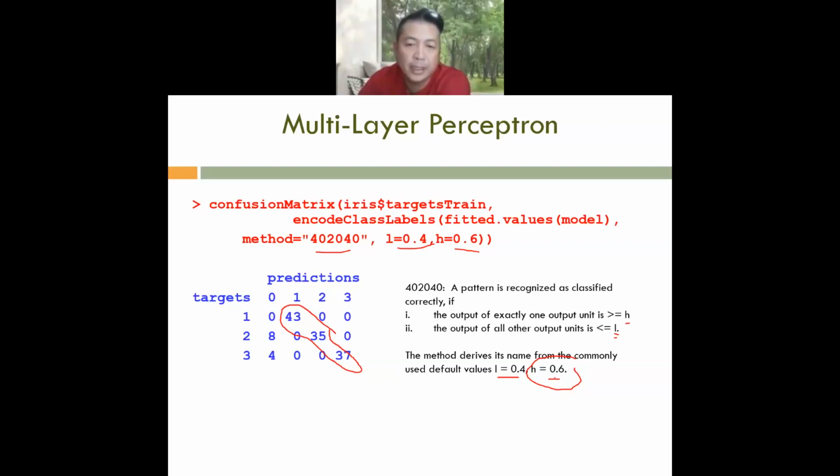So if they are above 0.6, that means they belong to that particular class. If they are below 0.4, meaning that they do not belong to the class.